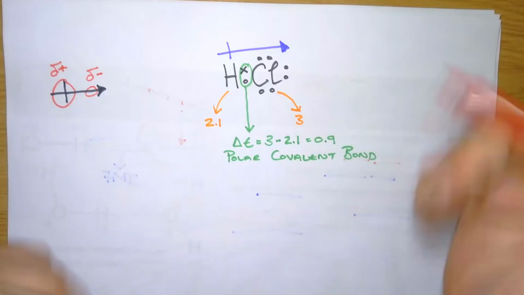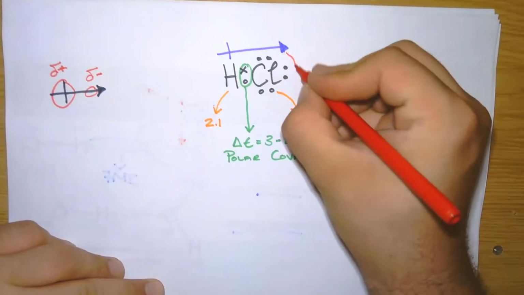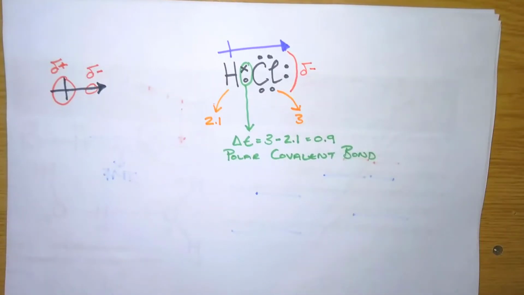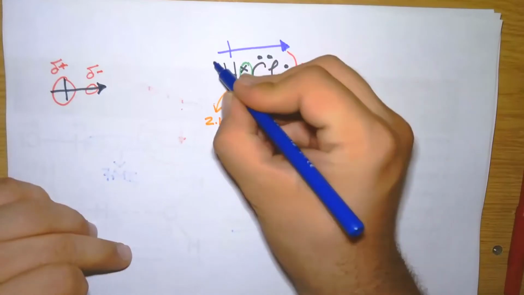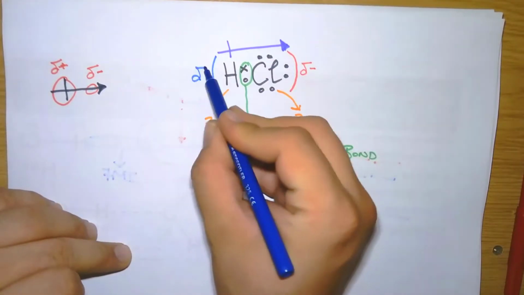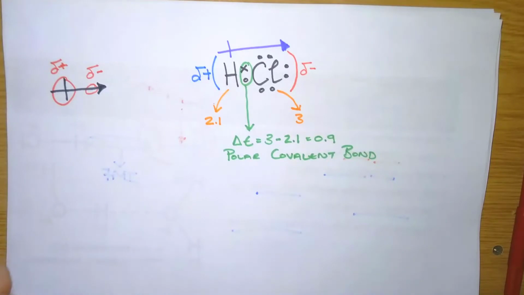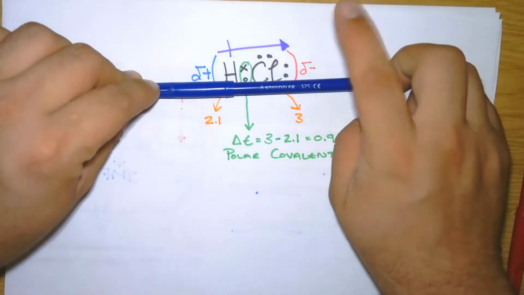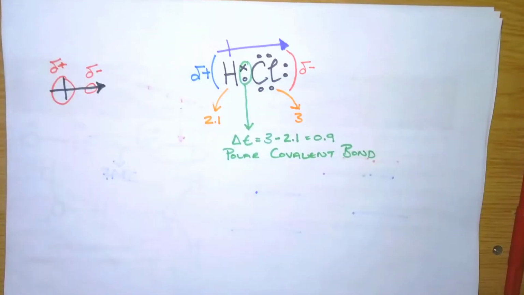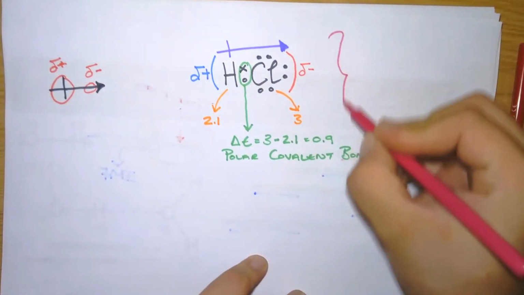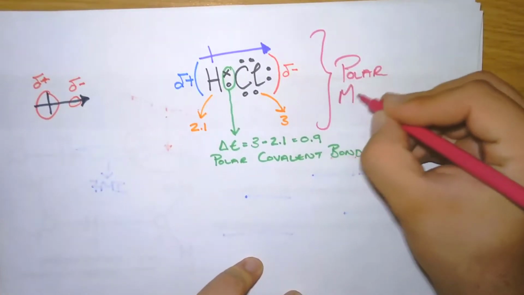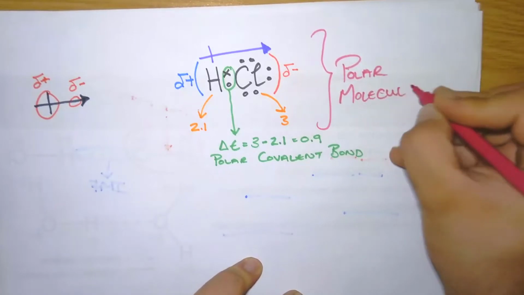Meaning the chlorine side of the molecule is slightly negative, and the hydrogen side of the molecule is slightly positive. And remember what I told you: when we can draw a definite line through the molecule and find the opposite negative and positive side, we can say that this molecule of ours is a polar molecule.